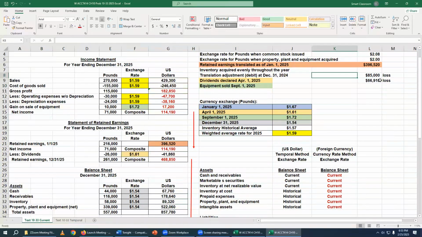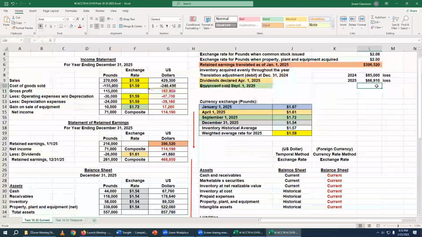Now, these are cumulative. So if we had a cumulative loss last year of 85,000 and we have a cumulative loss this year of 66,910, what does that mean overall? So our running total loss was 85,000. Now our running total loss is 66,910.